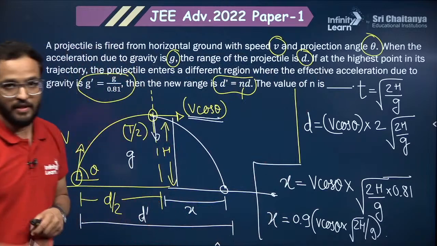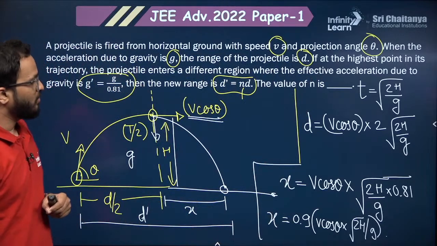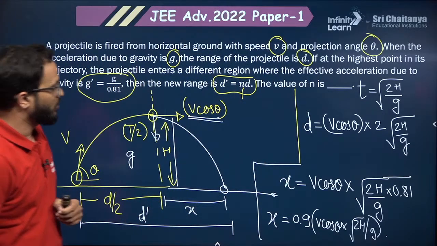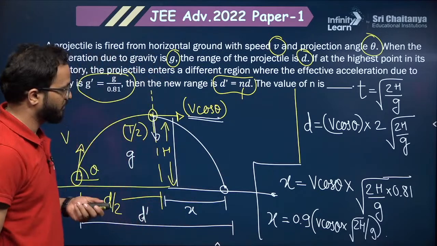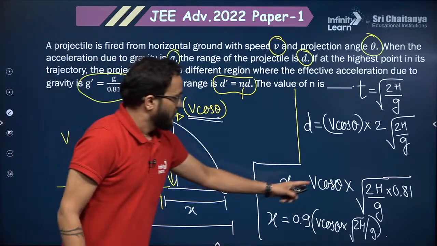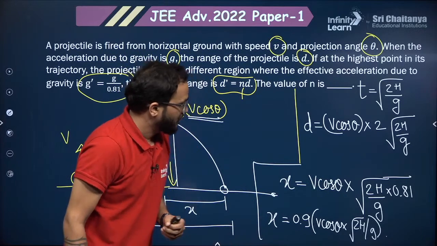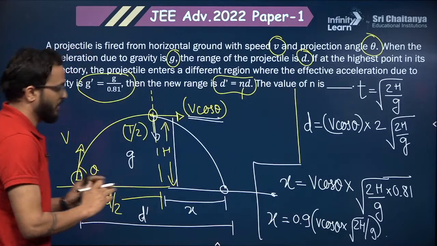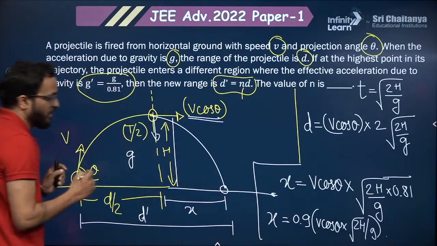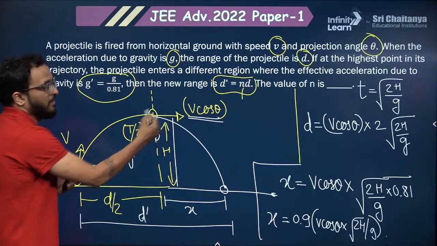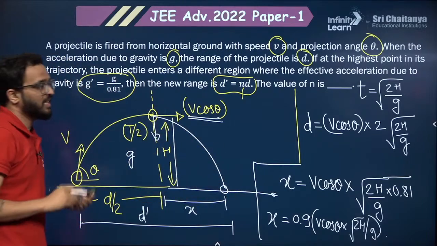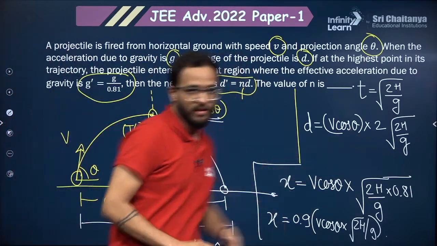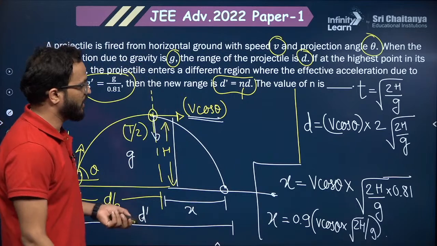This is the value of d actually, right? Why 2 times? Because if I talk about the complete range d, it will be root over 2h by g plus root over 2h by g. So total time is 2 times root over 2h by g.